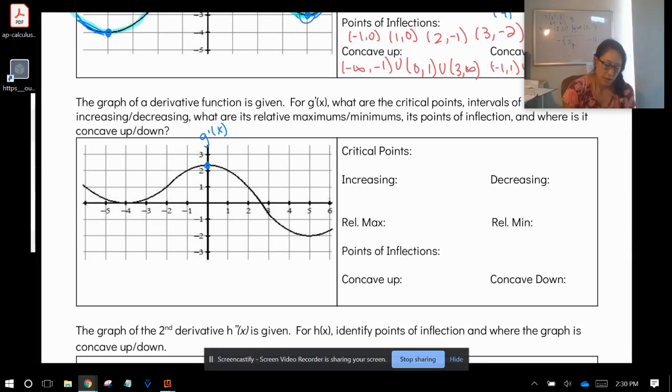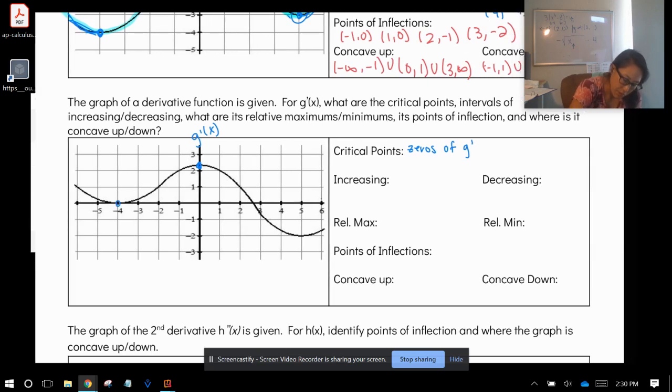So looking back at our chart, we know that the critical numbers of g prime are the zeros of the g prime graph. So I look at my graph, and any intersection point will basically be when g prime of x is equal to 0, or when the graph is undefined, right?